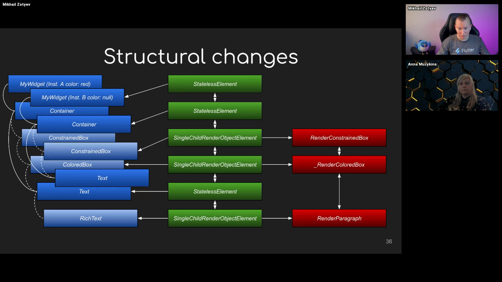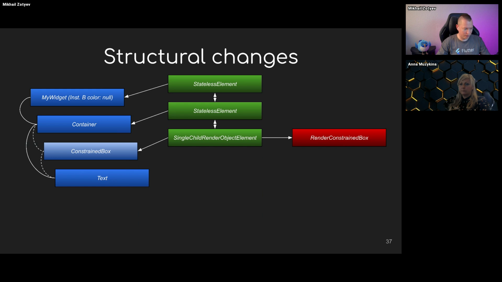Updating, and updating the render object is not necessary in our case. After this, we can see that it was a single child render object element connected with a ColoredBox, but Text is a completely different widget. We cannot update it, it works differently, and there is no sense in making this update. Because of this, everything starting from this point is removed, and we need to continue building from scratch.